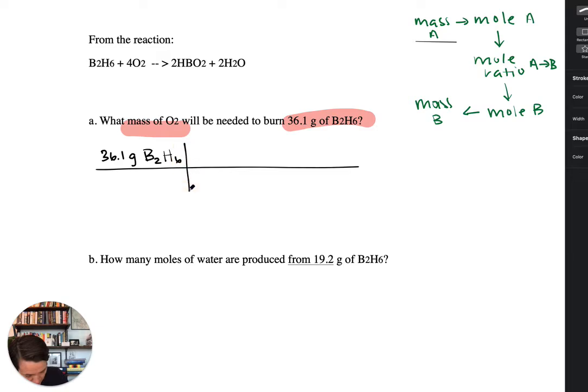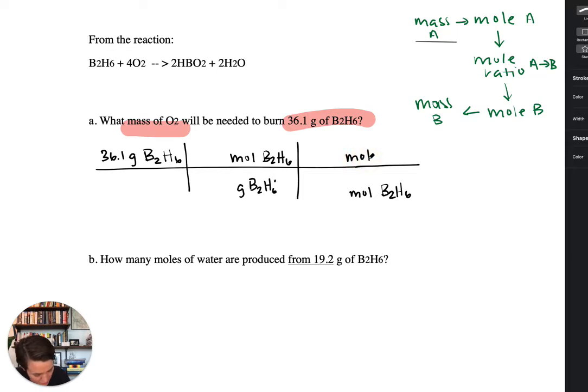So I need to go from grams of B2H6 to moles of B2H6. I'm just going to write out our path and then we'll fill in these numbers as we go forward. So then we have our moles of B2H6 canceled out with our moles of, what are we looking for? Oxygen.